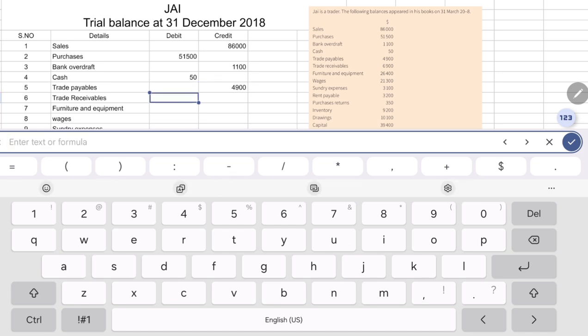The next item is trade receivables. Trade receivables is an asset, so it will be recorded in the debit side. Next, furniture and equipment is also an asset.